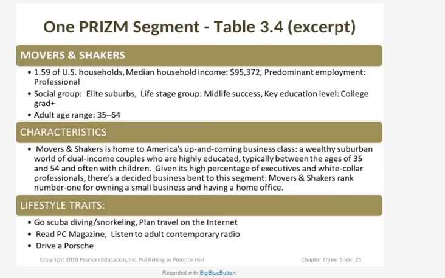And this is يعني this prism, this is one segment prism that are shown in the textbook, our textbook. And they provided here some of the characteristics of this segment. بيقول لك مثلا الموفرز and shakers ايه بيمثلوا قد ايه من الهاوس هولد، من اليو اس هاوس هولدز، والانكم بتاعهم تقريبا قد ايه. the characteristics of this prism and the lifestyle traits.